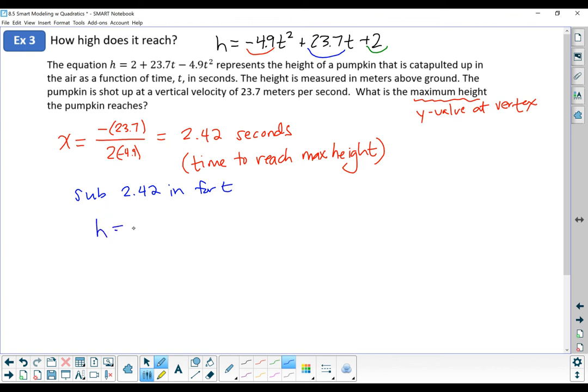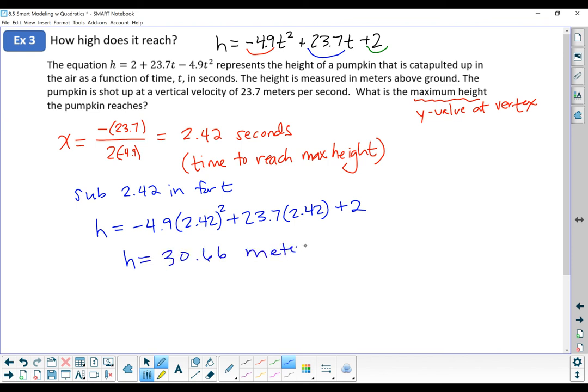So the height is going to be negative 4.9 times 2.42 squared plus 23.7 times 2.42 plus 2. And so if you calculate that in your calculator, that gives us a maximum height of 30.66 meters. So that is the height that the pumpkin reaches.